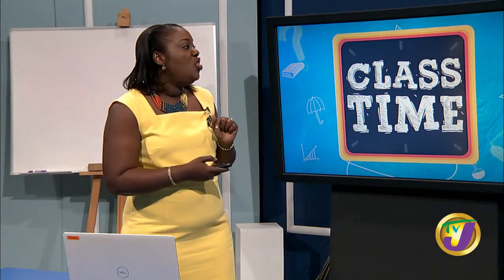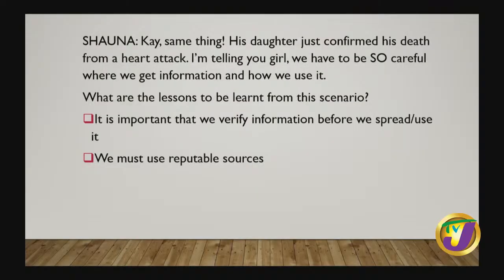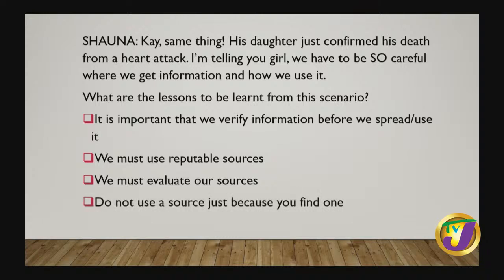The second lesson is that you must use reputable sources. Where did she get this information from? Facebook. Then we must evaluate our sources, and we're going to talk about that shortly. And finally, do not use a source just because you find one.